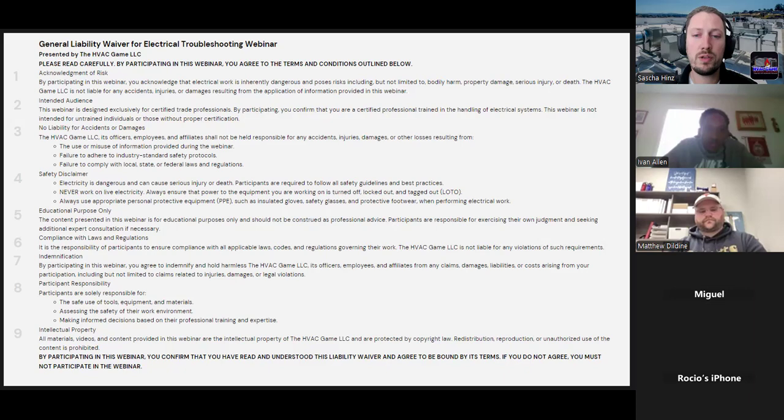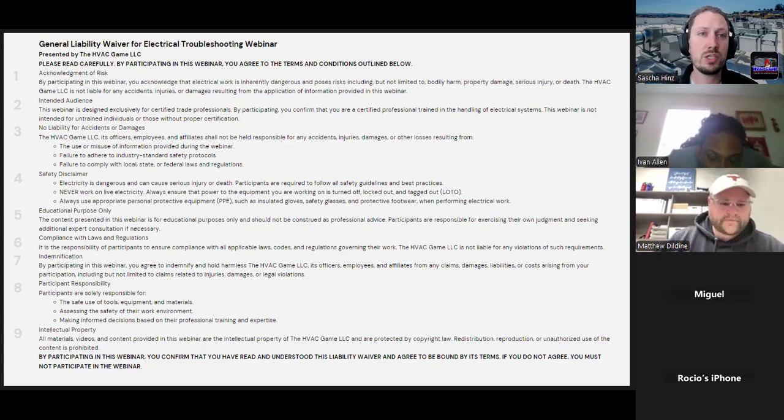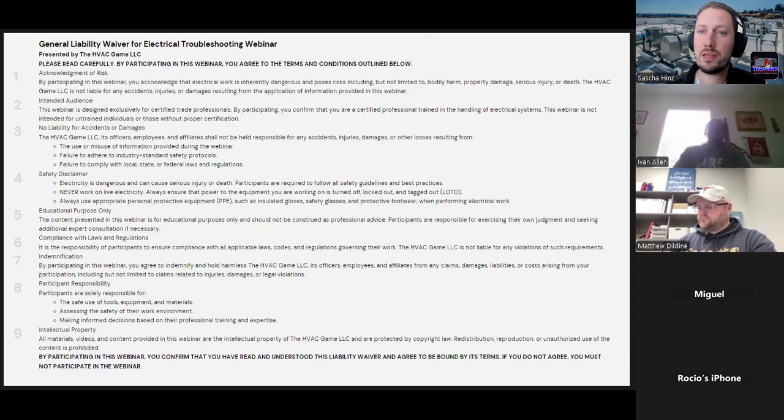So just be aware of your local laws. Just take a moment and read through this. Just type in the chat done when you're done. It's just that you as a technician are responsible for your own safety, and this information is for informational purposes to help you as a technician get trained. Awesome. Okay, let's move on.